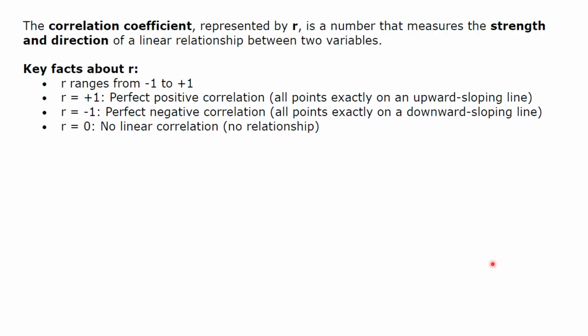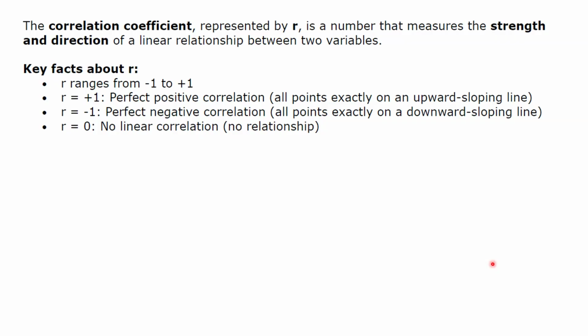R equals +1 means a perfect positive correlation, so all your points fall exactly on an upward sloping line. R equaling -1 means a perfect negative correlation, all points exactly on a downward sloping line. When R equals 0, this means that there is no linear correlation, so there's no relationship at all.